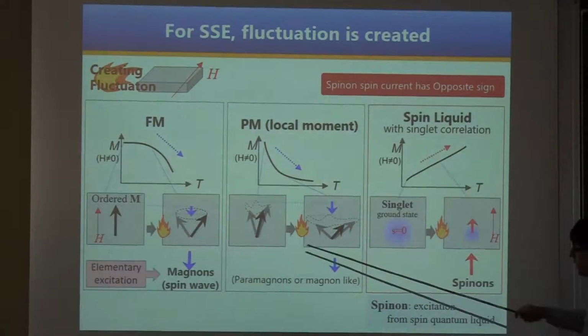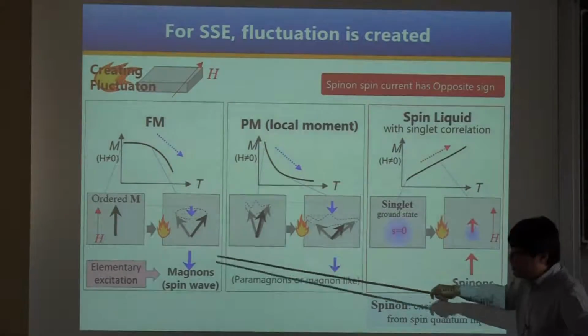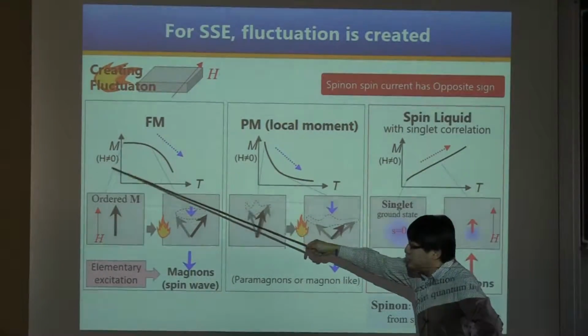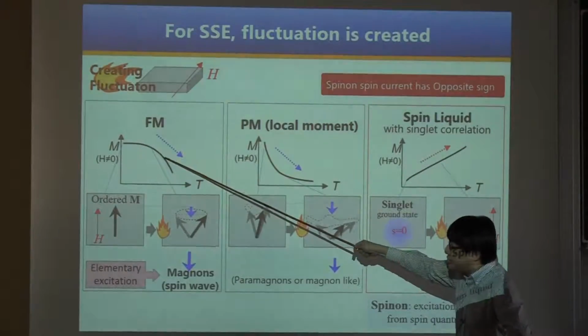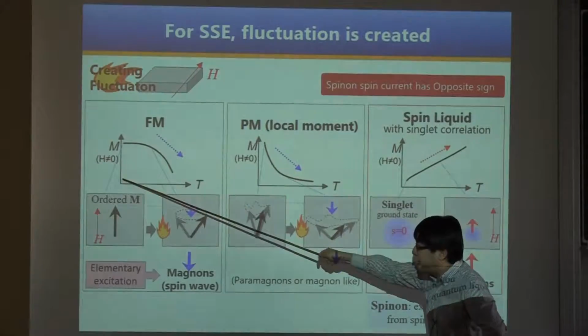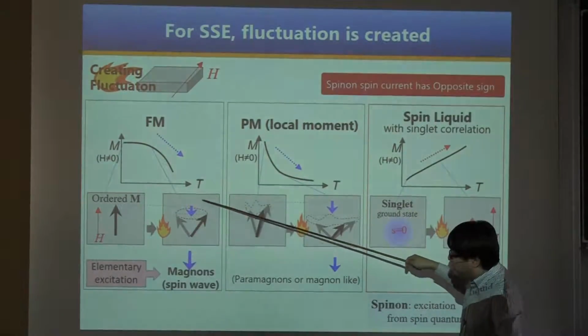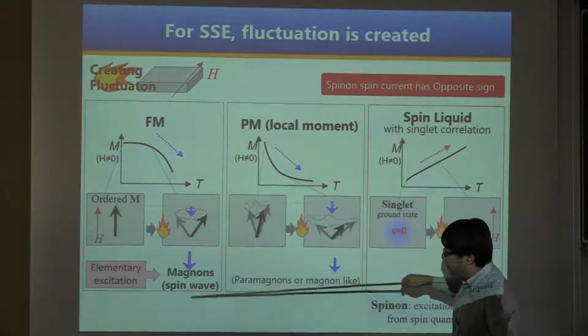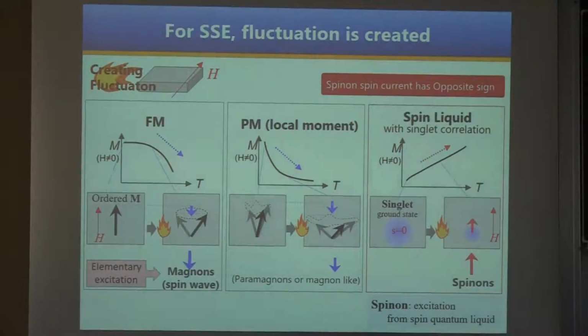The temperature dependence of magnetization at a fixed field has a negative slope like this. The ground state is fully polarized, and by putting fluctuation into the system, the magnetization is suppressed. This is carried by spin waves. Okay, this is the ferromagnetic case.